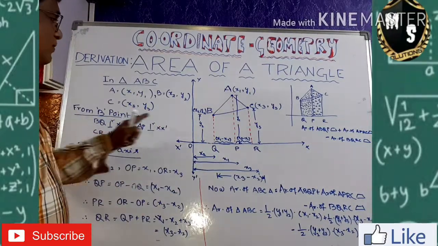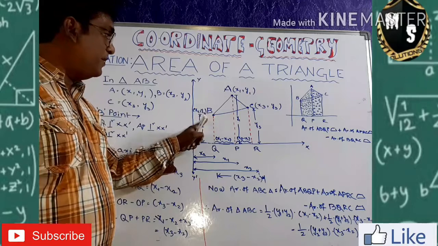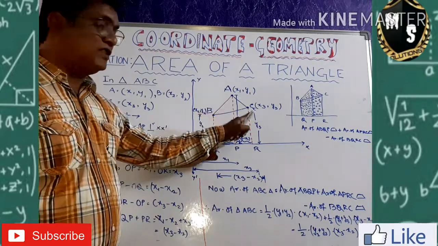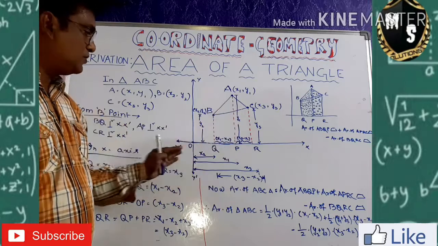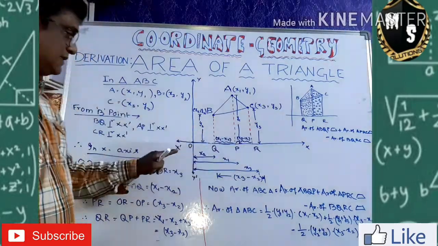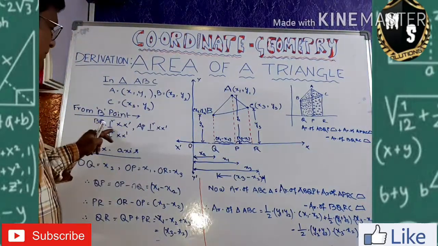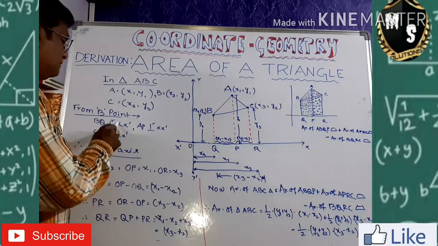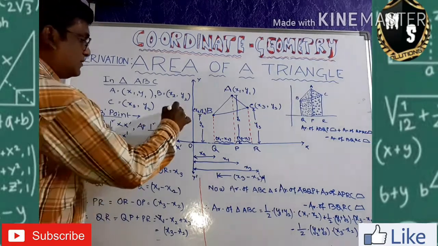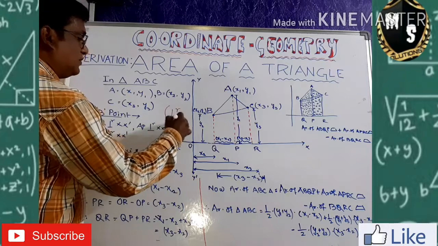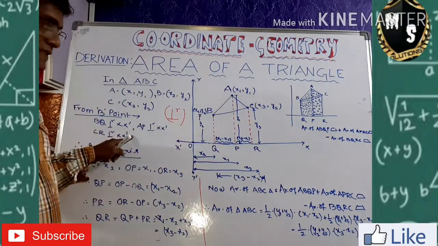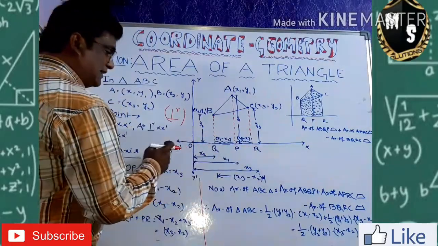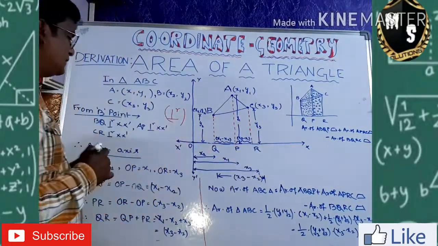Then from B point, from A point, and from C point, what you did? You drop perpendiculars to the x-axis, that means x dash. So now you see BQ perpendicular. This is the perpendicular symbol. You can write perpendicular like this also. So BQ is perpendicular to x dash, that means towards x-axis.